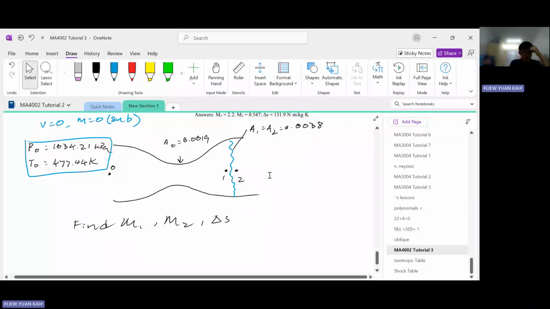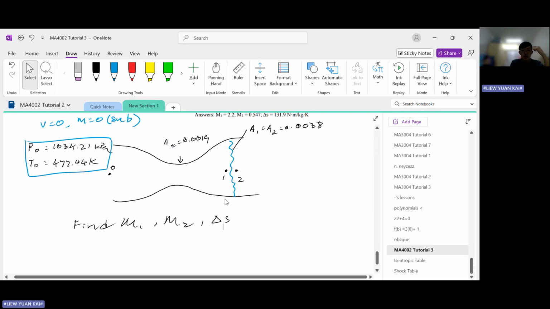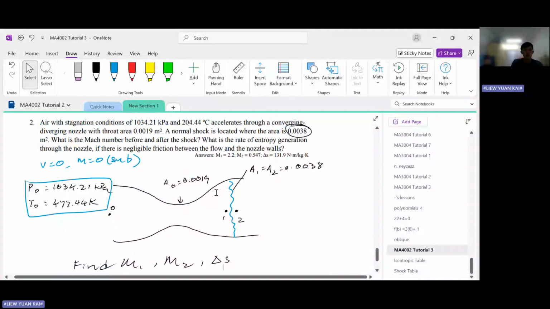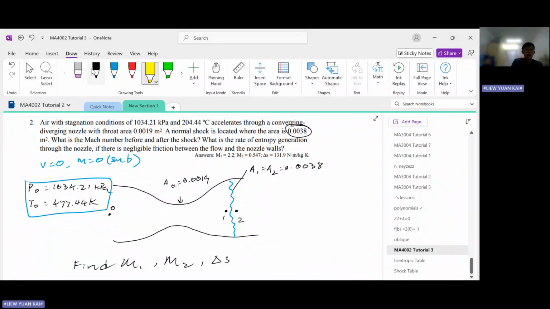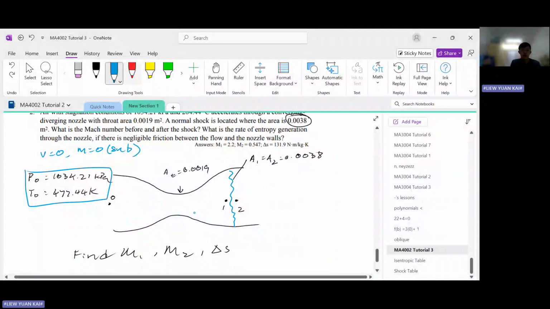Okay, so let us see if we are able to find the Mach number at point 1. And we can. How do I know how to find it? Well, remember what I said. The flow is being accelerated, and during this acceleration the throat reaches critical conditions.